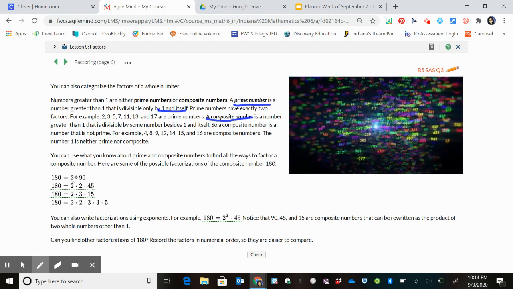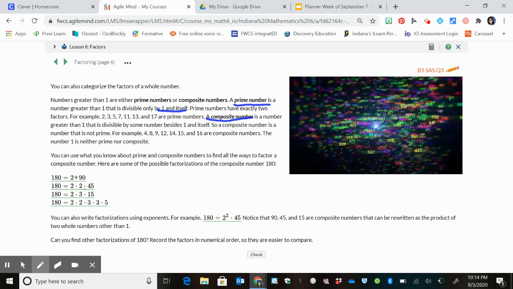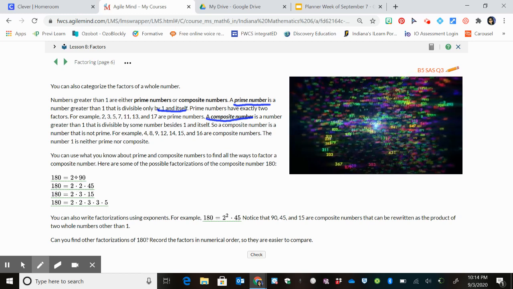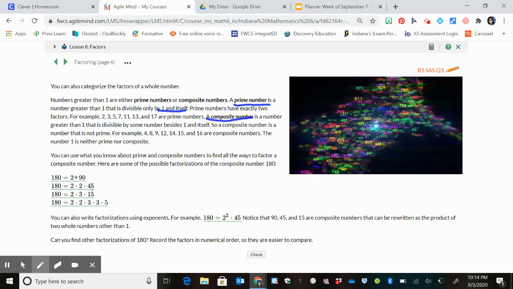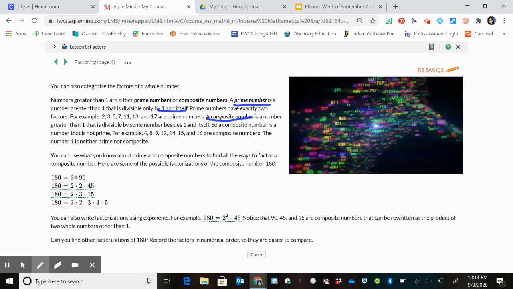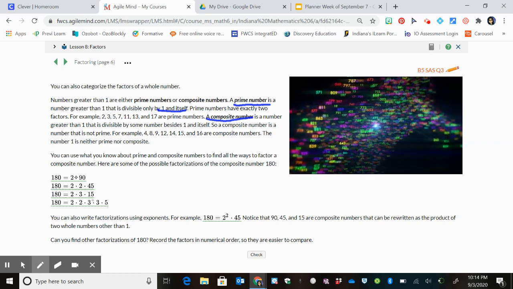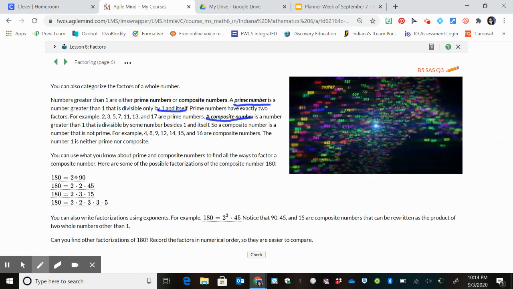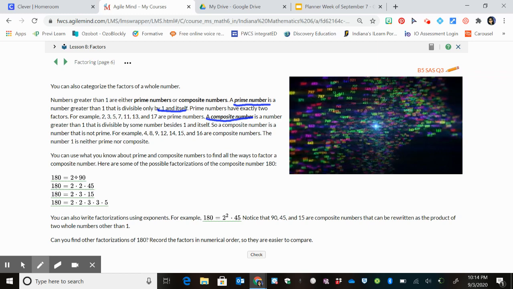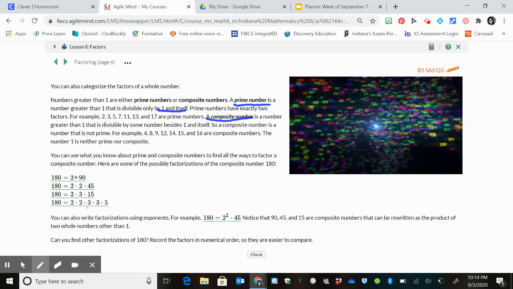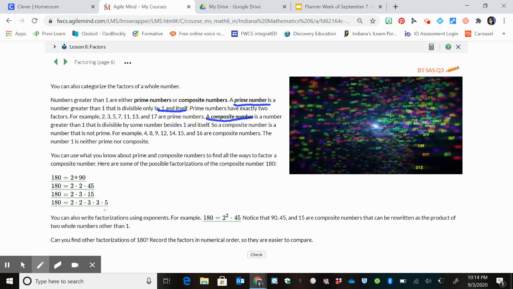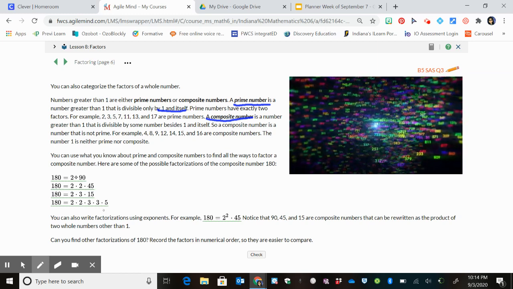So they took the 90 and broke it into the 2 and 45 and brought down this 2. So then they have the 180 and they broke the 45 down again, and they have 2 times 3 times 15. And they realized that 15 is still a composite number, so they broke it down again, and they have 2 times 2 times 3 times 3 times 5, which is in expanded form.